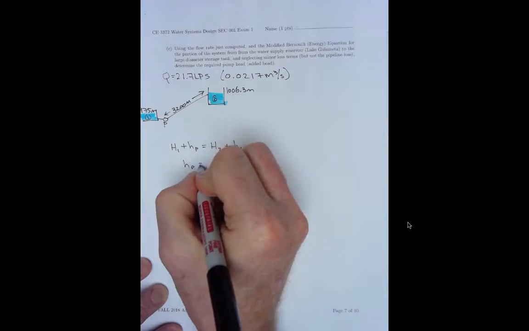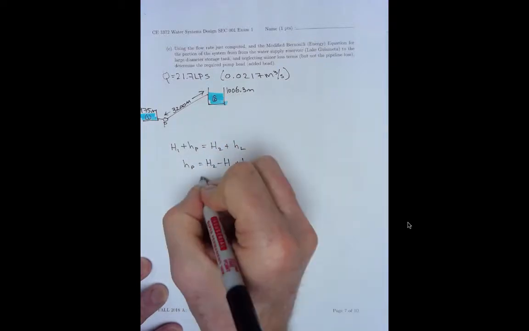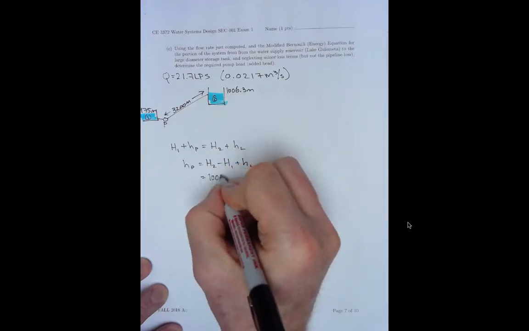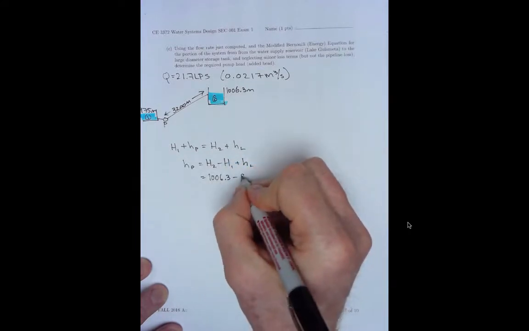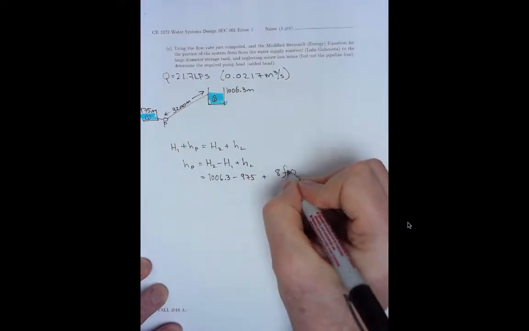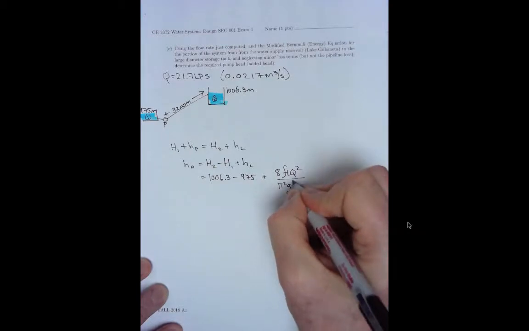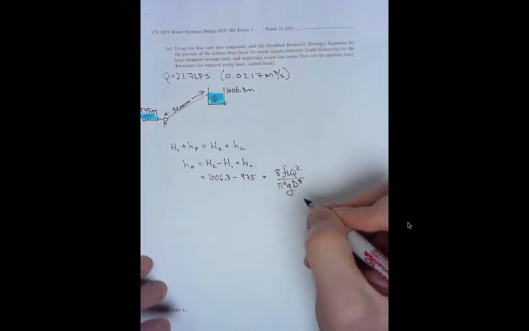H sub P equals H2 minus H1 plus head loss. H2 is 1006.3 minus 975 plus 8FL Q squared over pi squared G D to the 5th power.